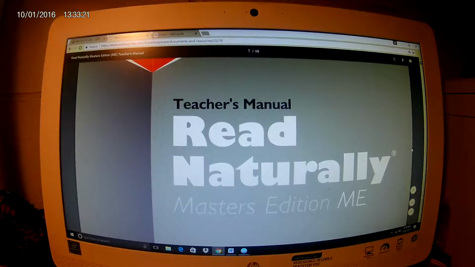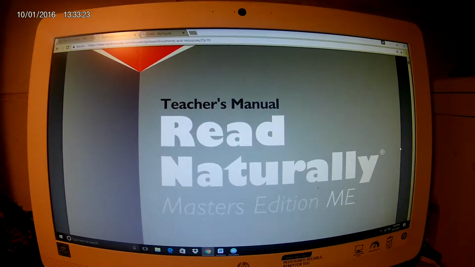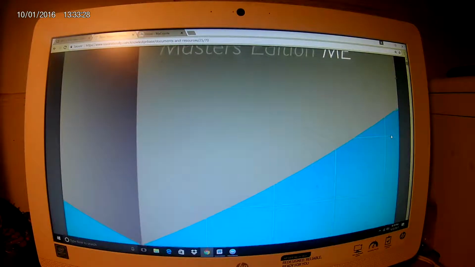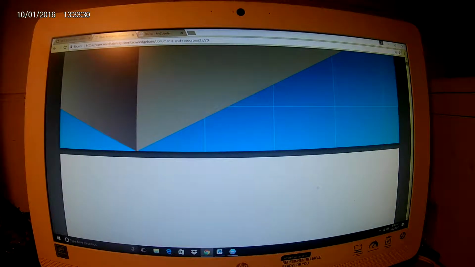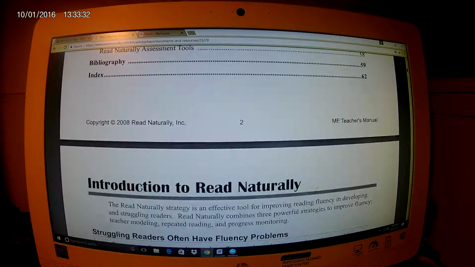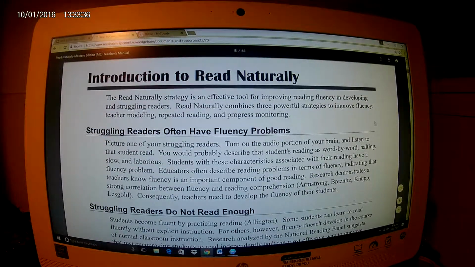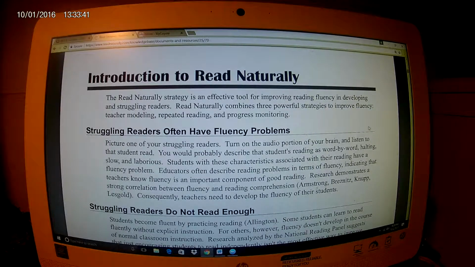So this is the teacher's manual for Read Naturally. It's the Master's Edition. The reason we use Read Naturally is because we have struggling readers, especially with our special ed population.